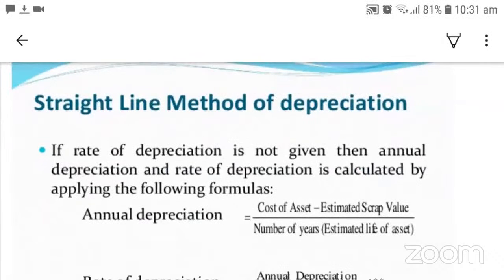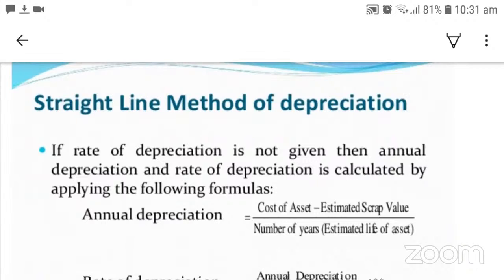Annual depreciation is equal to cost of asset minus estimated scrap value, divided by number of years of estimated life. We will estimate the approximate scrap value, and we will estimate the life of the asset.